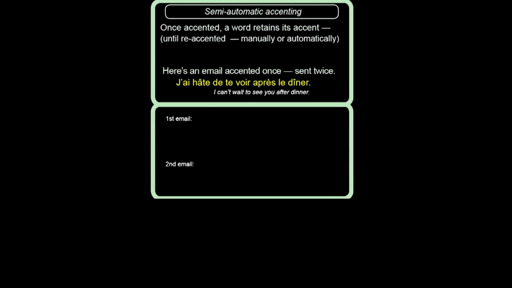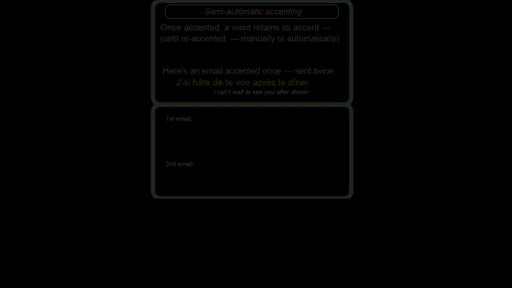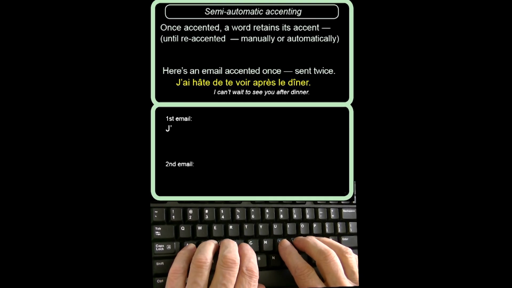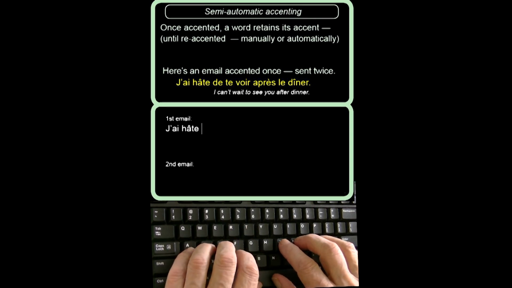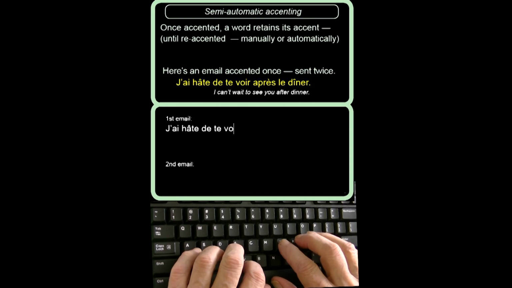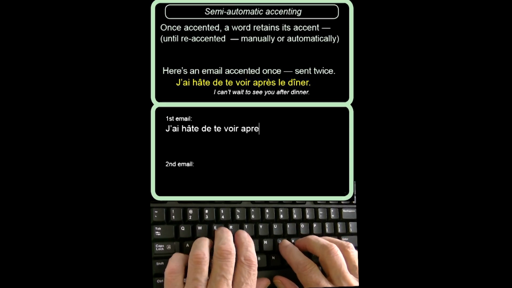This manual version of glyphics tries to be automatic and succeeds, one word at a time. Once a word is accented, it is automatically accented whenever its letters are typed. In the first email, three accents are manually applied: A circumflex, E grave, and I circumflex, all second most popular accents.